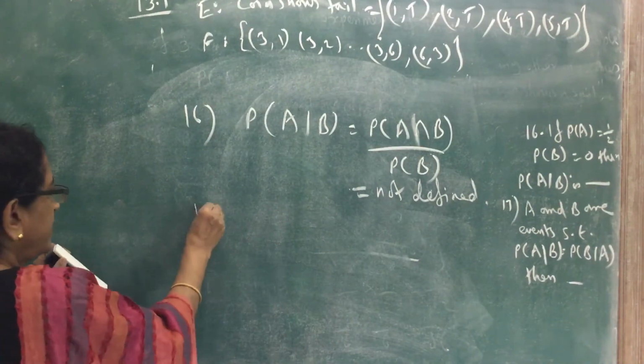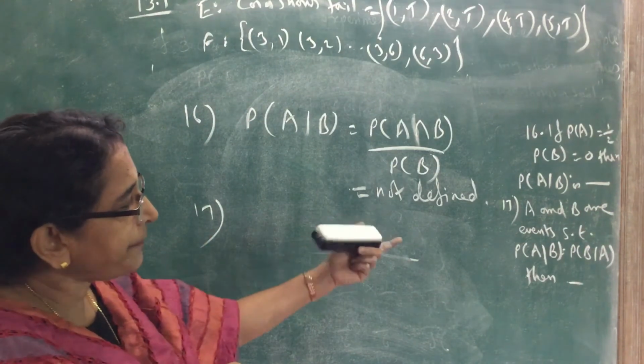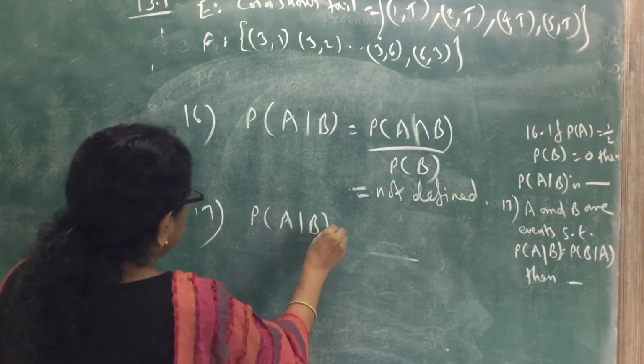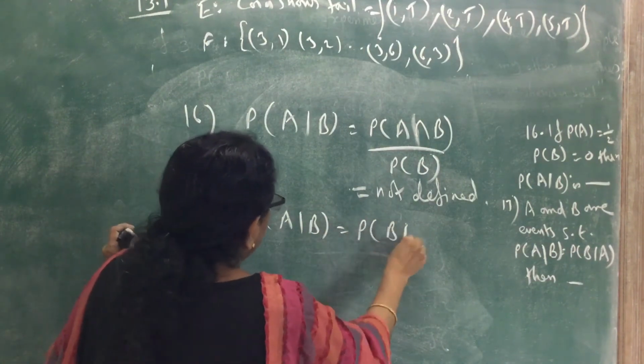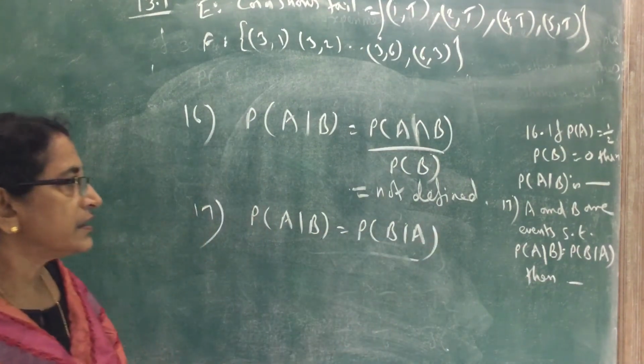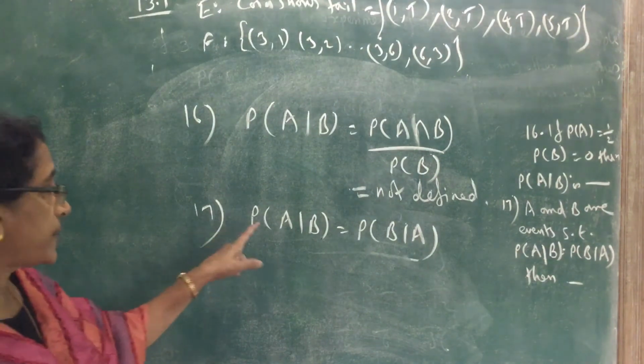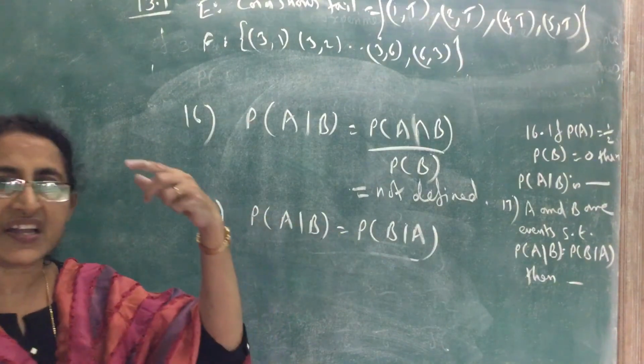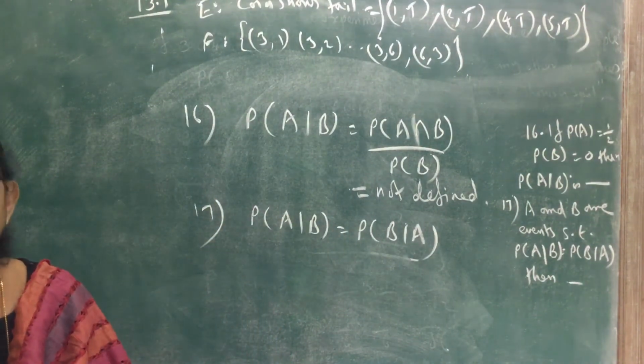Now the 17th one. If A and B are events such that probability of A given B equals probability of B given A, then what is the condition? Some options are given, you have to select the correct one.